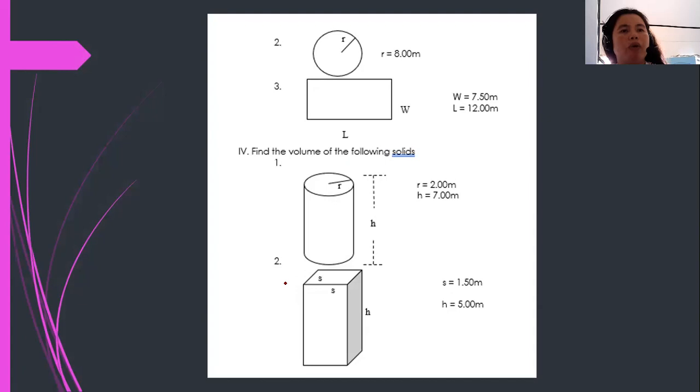And for number 2, the cubic shape, where S is 1.5 meters and H is equivalent to 5 meters.